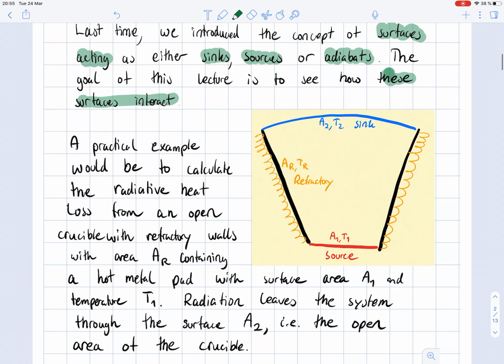So a practical example we've shown in the figure here is to calculate the radiative heat loss from an open crucible that has some refractory walls with area AR.